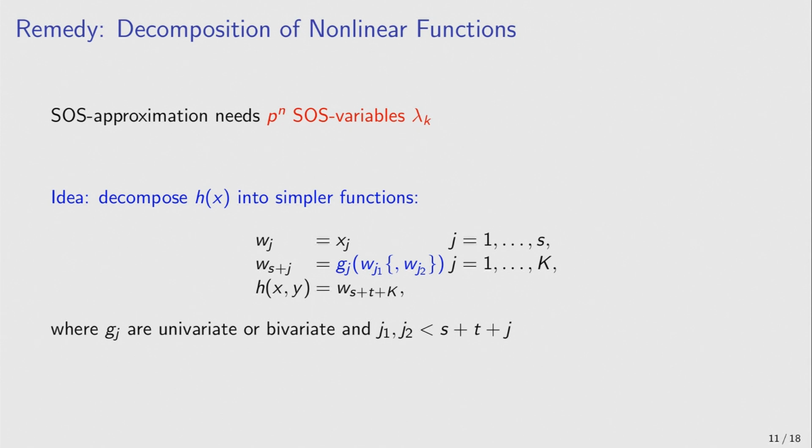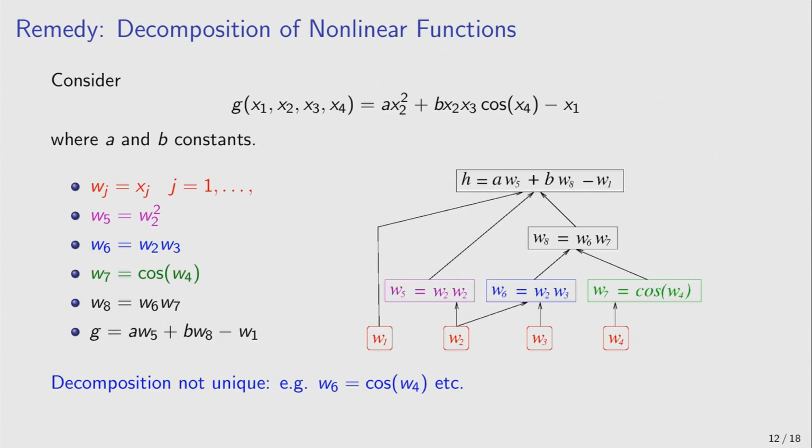We saw an example yesterday, and this is the very same example. There is a function at the top that's again motivated by the power grid examples, cosines and squares. Those are expressions that turn up in the power grid. You can write this function by taking the independent variables and putting them into this directed acyclic graph at the bottom. It's not unique, but you can formulate the function in that way.